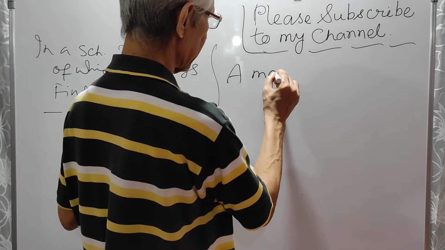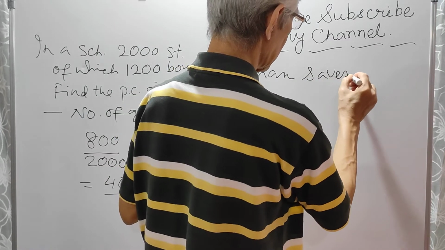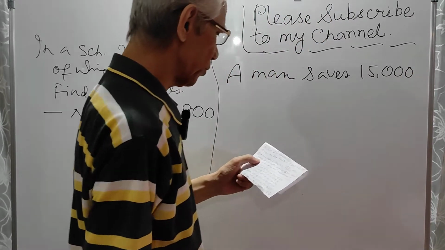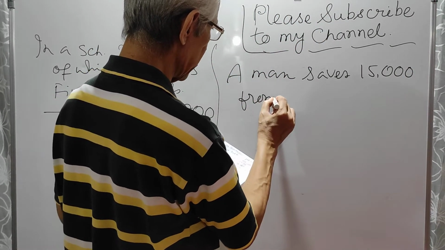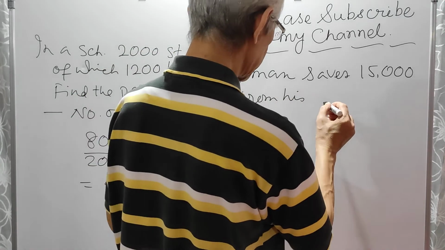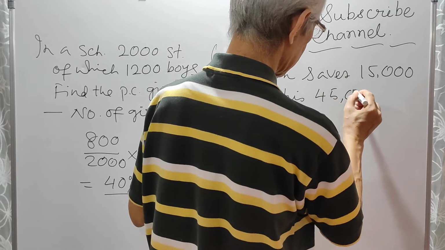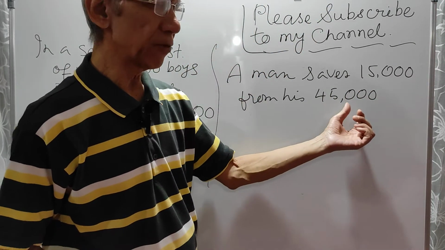A man saves rupees 15,000 monthly from his monthly income of 45,000. So a man has a monthly income of 45,000 rupees.